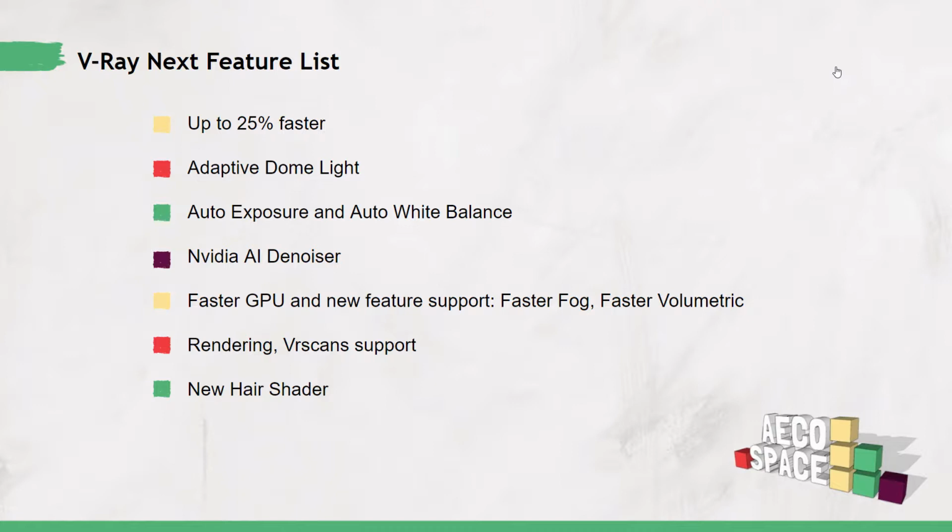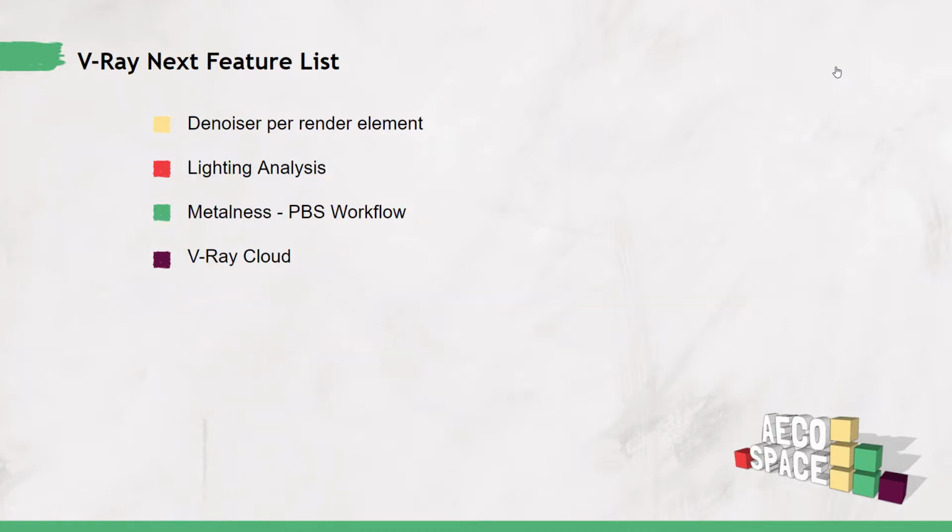But when it comes to GPU, we also have a few very nice features there, like faster fog, faster volumetric rendering, V-Ray Scan support, making the GPU more powerful than ever if this is your line of work. V-Ray Next also came with the new hair shader, which is melanin based for very realistic hair with just inserting one value.